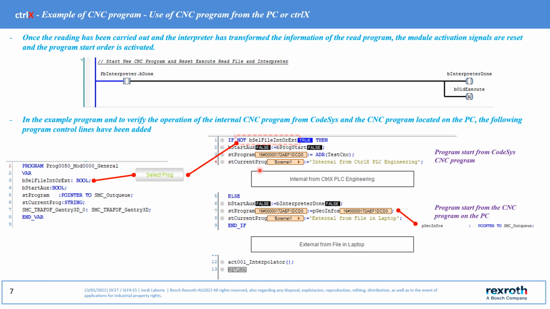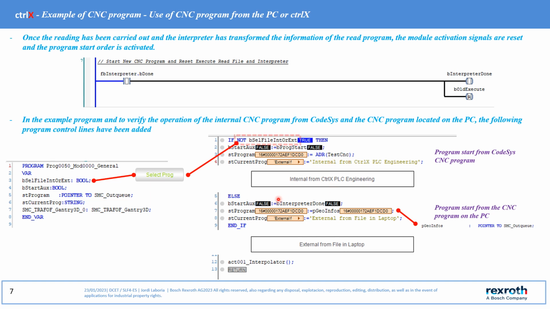If we look closely, we will see that the two program options differ slightly. The internal program generated from SoftMotion must be treated as we have already sent by the ADR instruction.